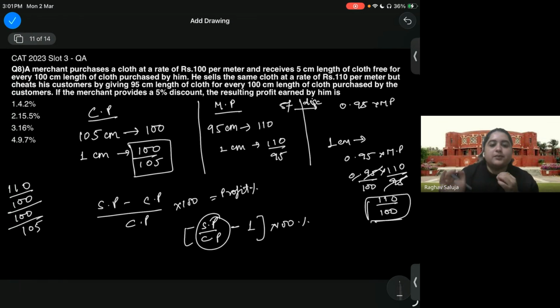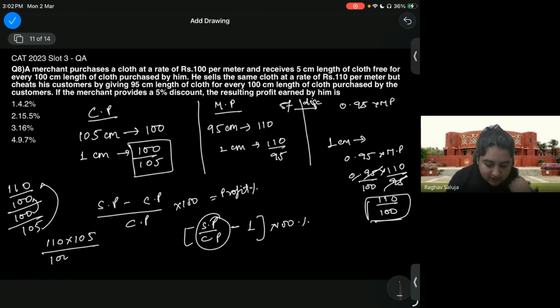Here you see the basic rules of fractions I told. In these kinds of questions, you should know where 105 will go and where 100 will go. So this will go here and this will go here: 110 into 105 divided by 100 into 100.